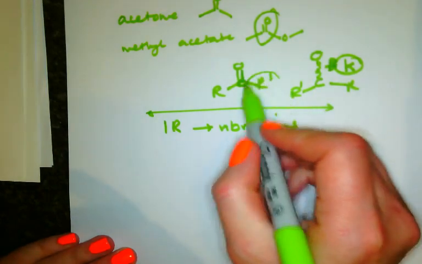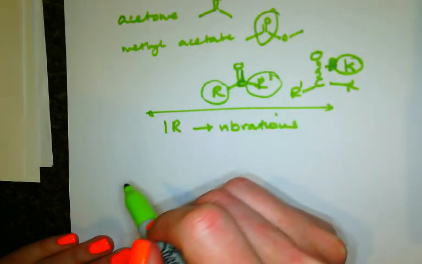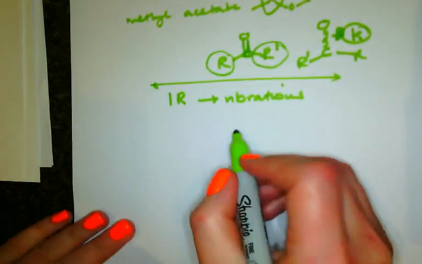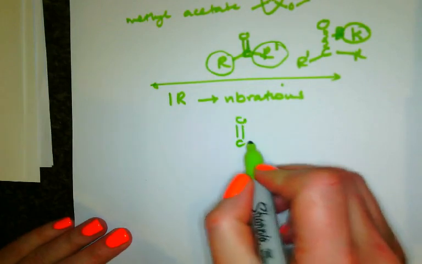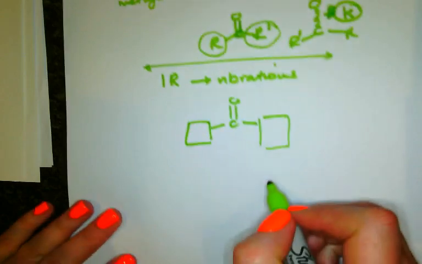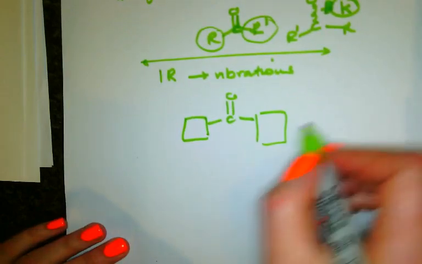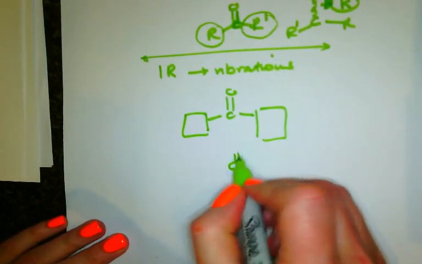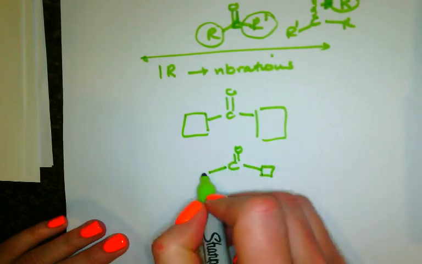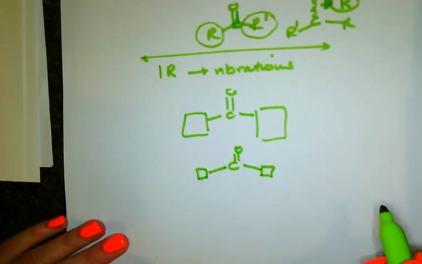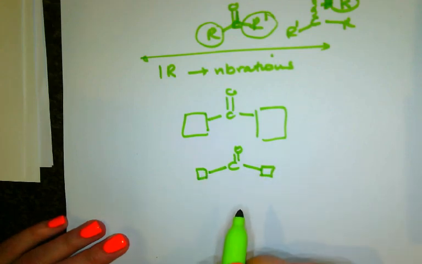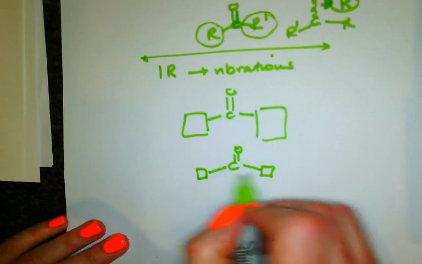And you'll find that these R groups affect the vibration of the bond. For example, if you have two very large R groups attached to the carbonyl group, that carbonyl group will vibrate differently compared to a molecule where you have two smaller groups attached to the carbonyl group.